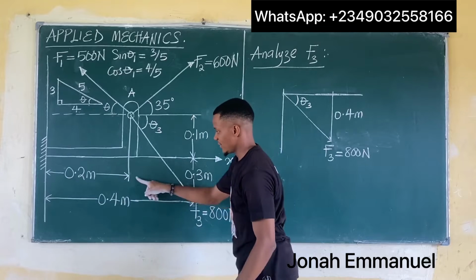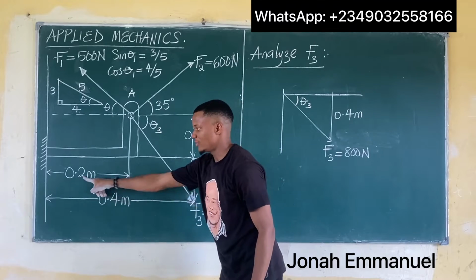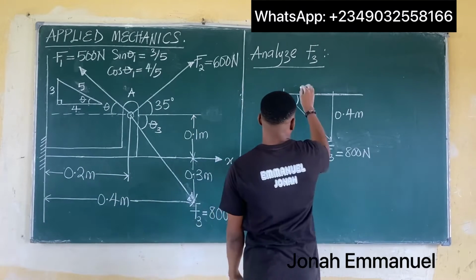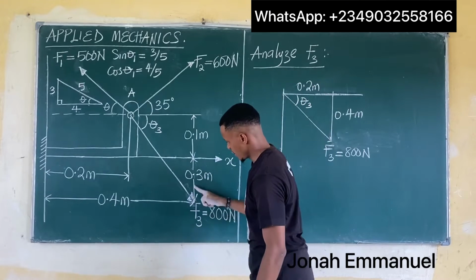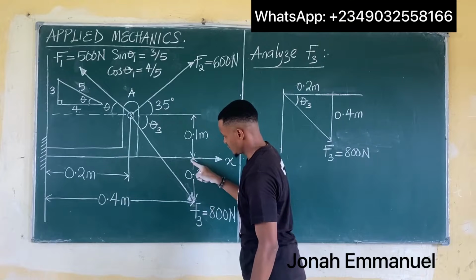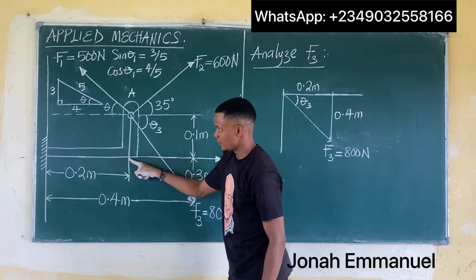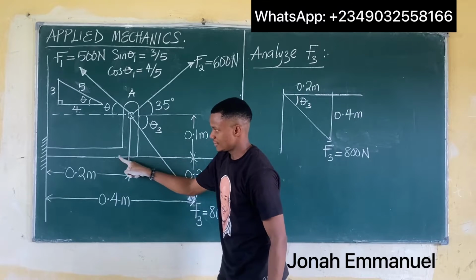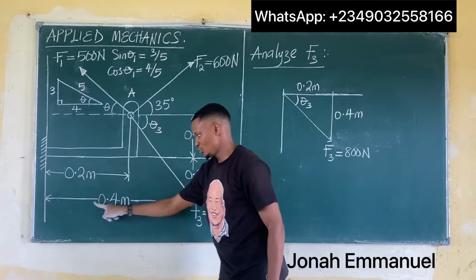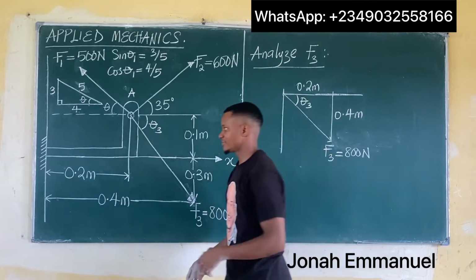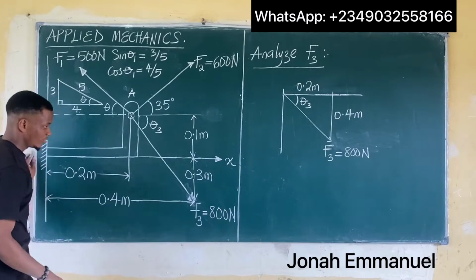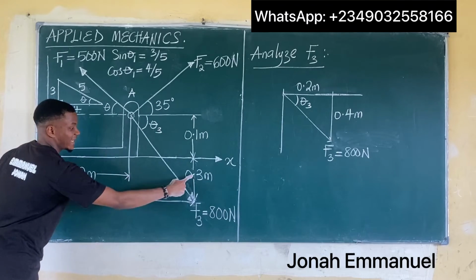So from here to here becomes 0.4 minus 0.2, which is 0.2 meters. From here to here gives you 0.2 plus 0.2, which will give you your total 0.4. Or if you want to use mathematical sense, you can call from here to here as x.